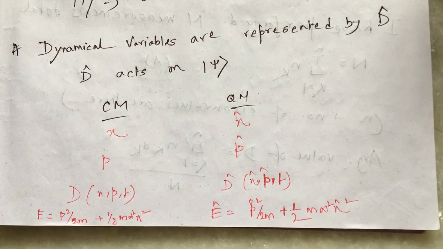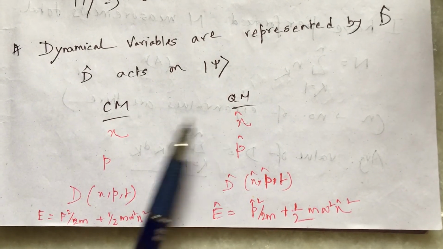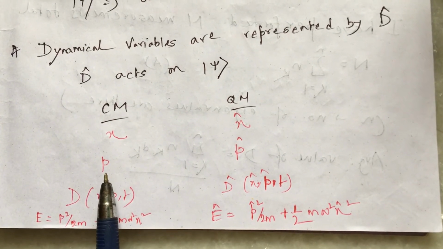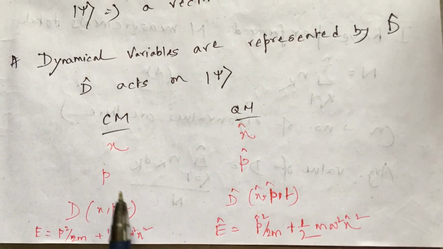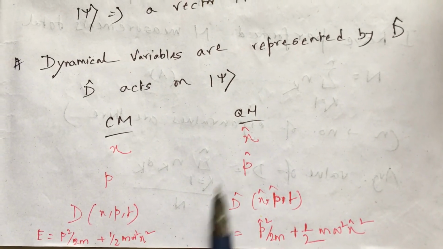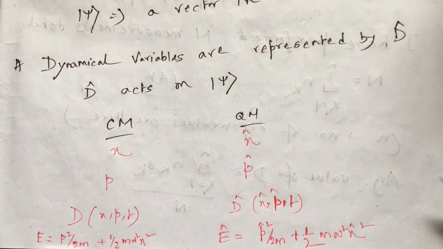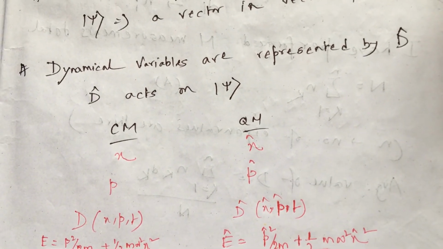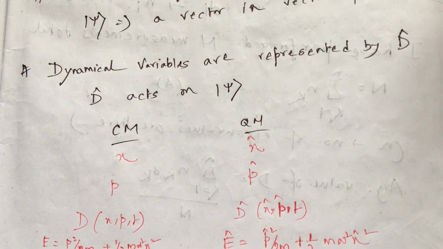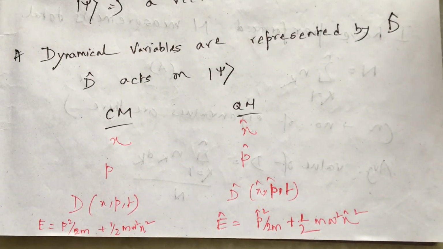So in classical mechanics we have position, in quantum mechanics we have the position operator. In classical mechanics we have momentum, in quantum mechanics we have the momentum operator, or to be more precise, p_x cap, p_y cap, p_z cap, that is the components of the momentum.